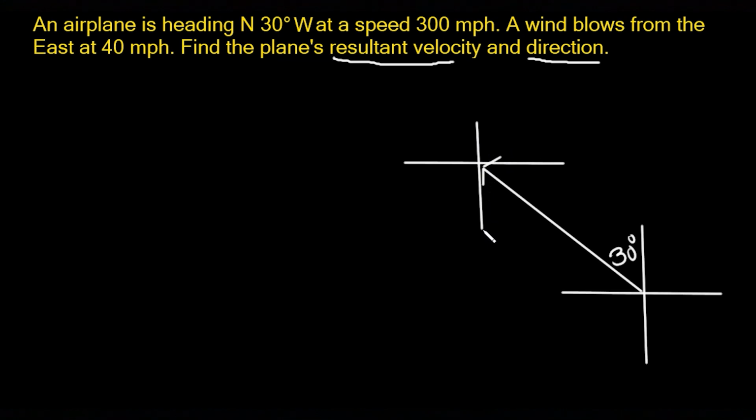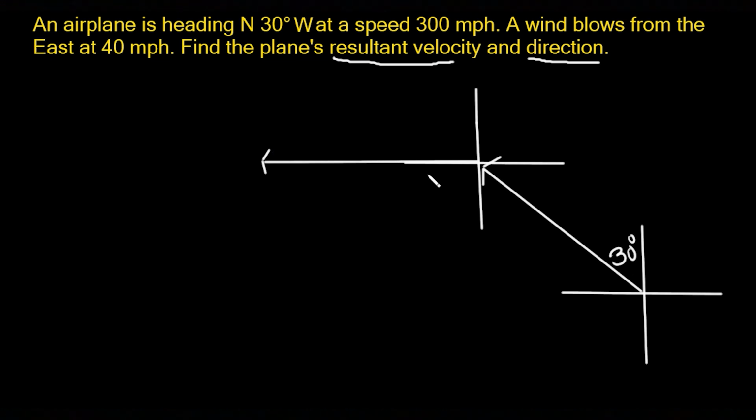We can extend this a little bit more. There we go. Now we're going to put on another vector. This one is going to be coming from the east because the wind is blowing from the east, so it's actually heading towards the west. This vector is coming from the east like this, heading towards the west. That would be a wind blowing from the east.